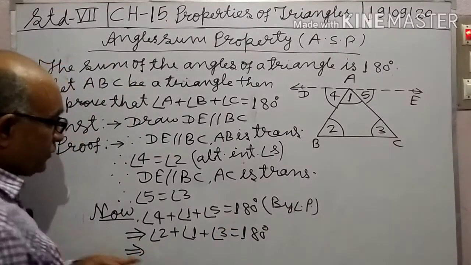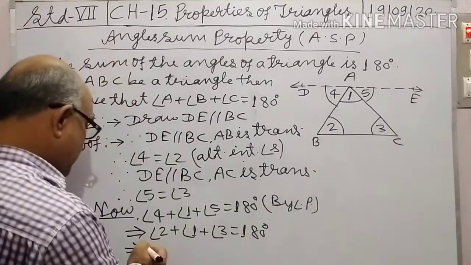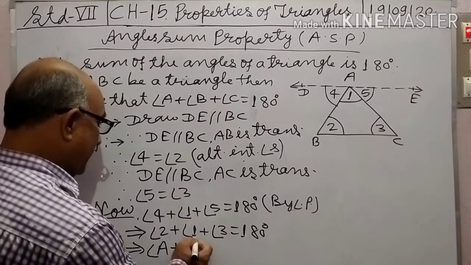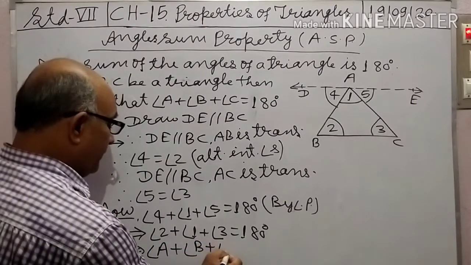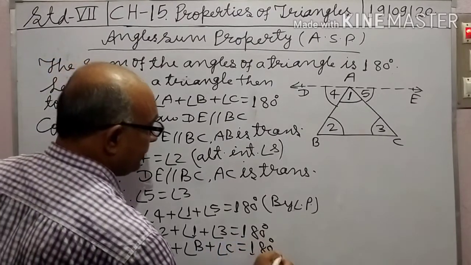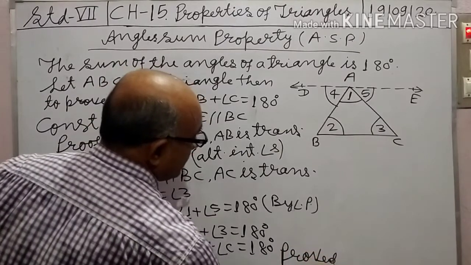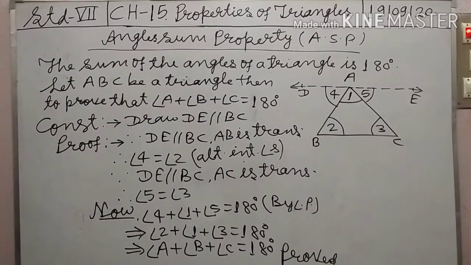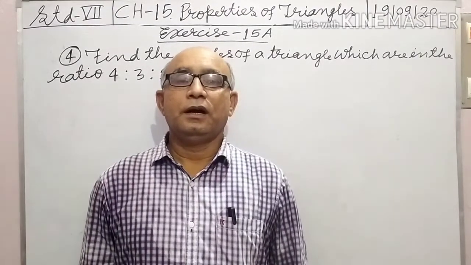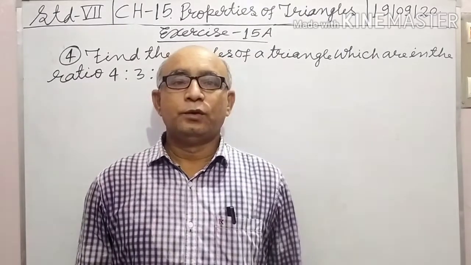That implies, students, angles 1, 2 and 3 are angles A, B and C. So angle A plus angle B plus angle C equal to 180 degrees. True. Write it.